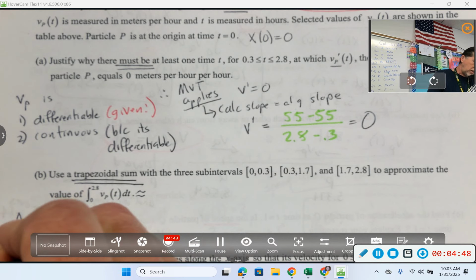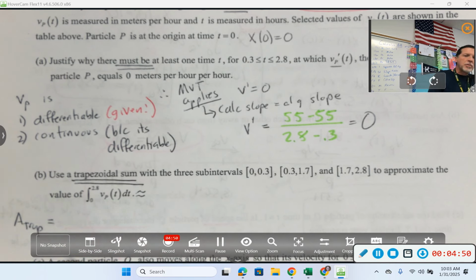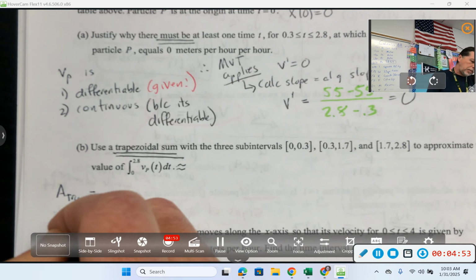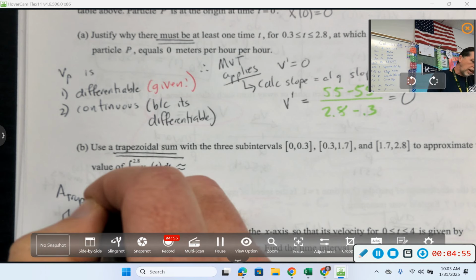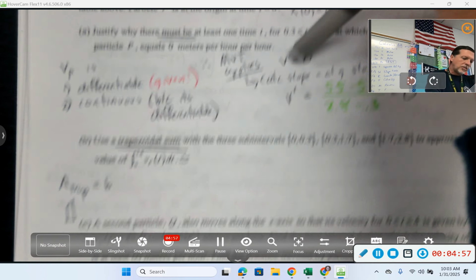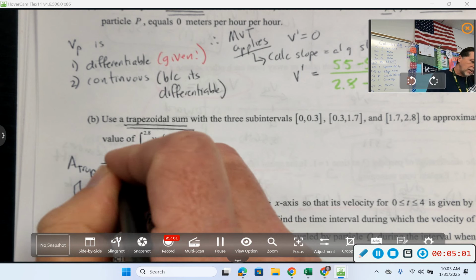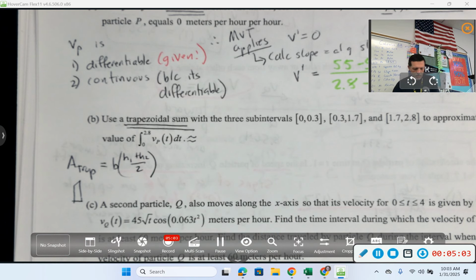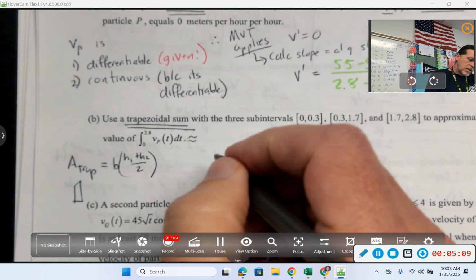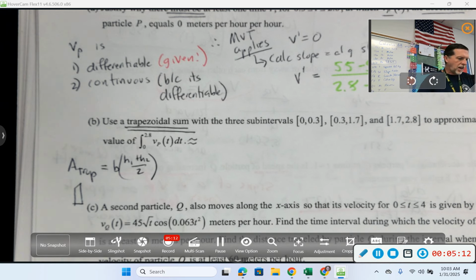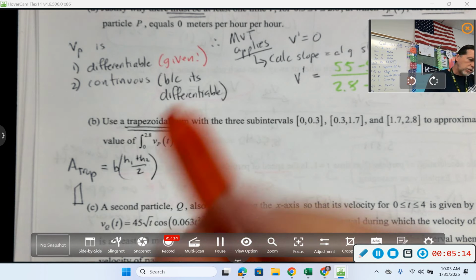Okay, so maybe I need to remind myself what the area of a trapezoid is. It has a base, and it has 2 heights, so we use the average height. So base times average height from 0 to 2.8.